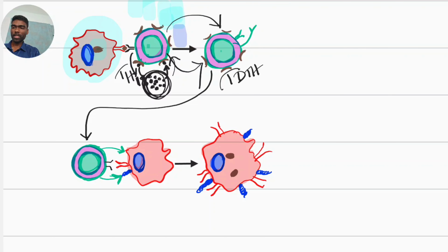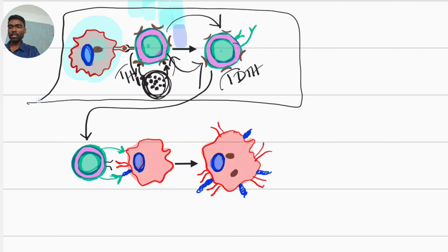Now delayed type T helper cells will be ready for the effect. Until here, sensitization is finished. Now on subsequent exposure to the same antigen, these delayed type T helper cells release various cytokines: tumor necrosis factor beta, interferon gamma. Mainly interferon gamma will convert resting macrophage to activated macrophage.